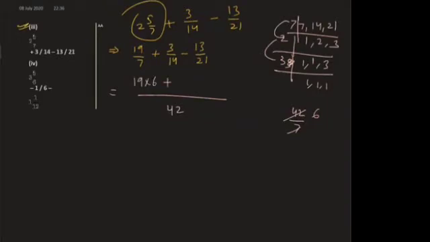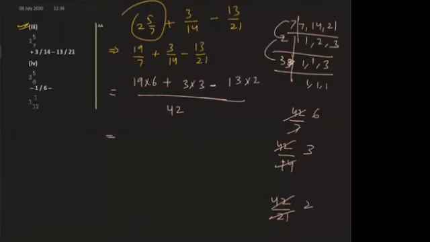Plus, 42 upon, reduce 42 by 14. You'll get 3, so 3 into 3 you will write, minus, reduce 42 by 21. You'll get 2, so 13 into 2.